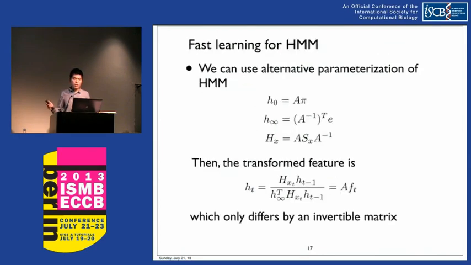We could use an alternative parameterization, which consists of the HTs. The HTs differ from the original feature vector only by an invertible matrix A. Although they're different, they can achieve the same classification accuracy because the invertible matrix A will be canceled out by the weighting vector of the classifier.